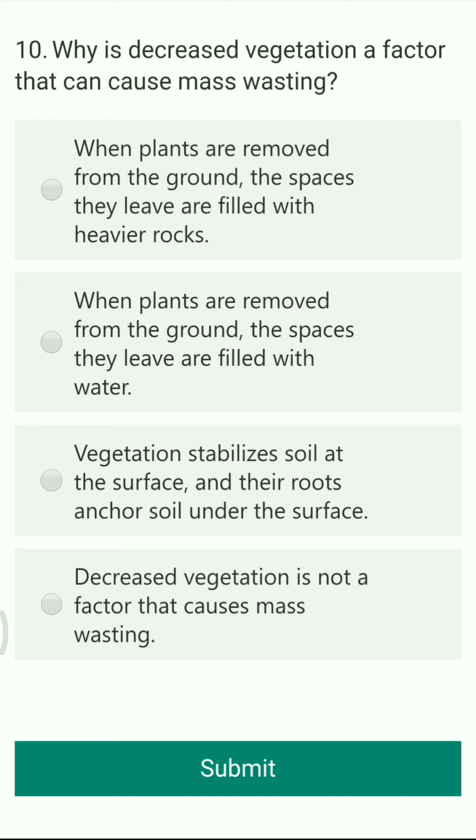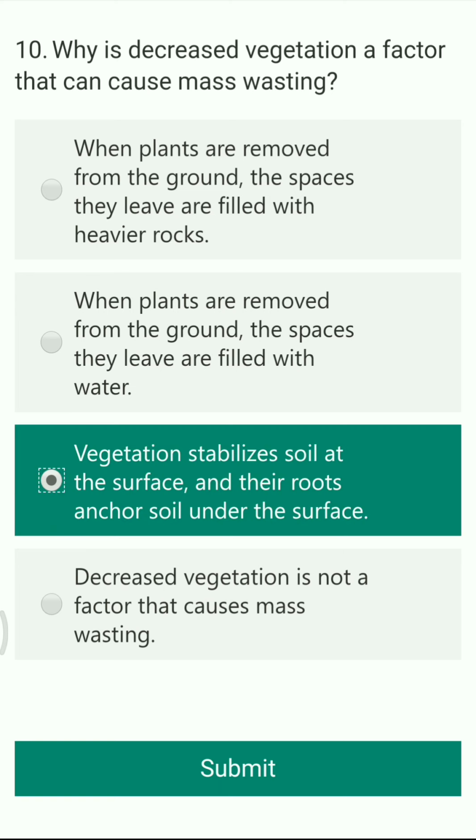Vegetation stabilizes the soil at the surface and their roots anchor soil under the surface. Decreased vegetation is not a factor that causes mass wasting. The right answer is that vegetation stabilizes the soil at the surface. The roots have the capacity to hold and tighten the soil, so it decreases mass wasting. The right answer is option 3.